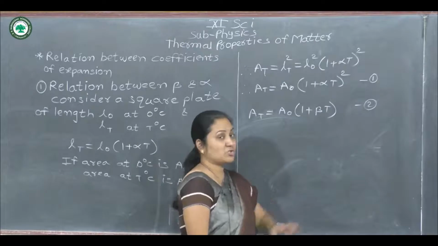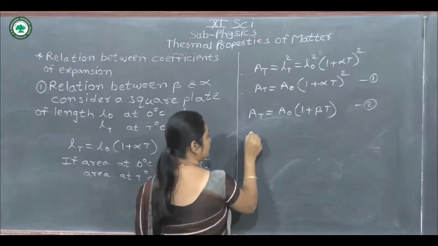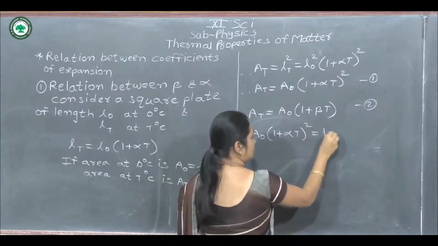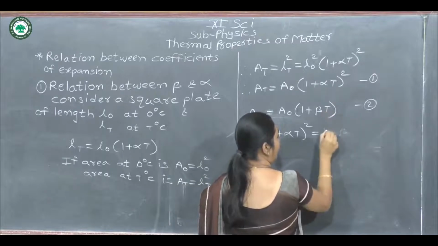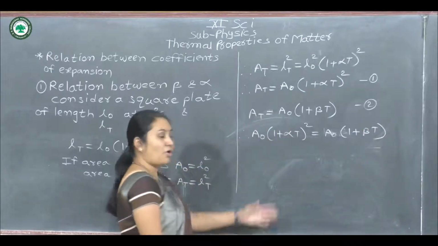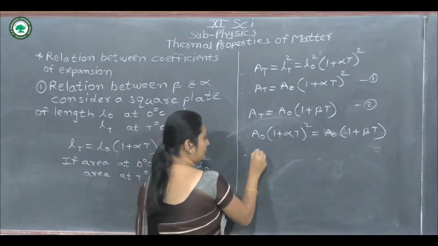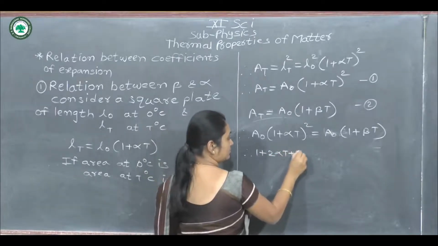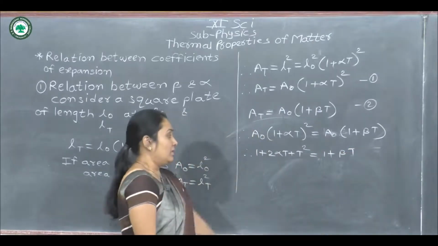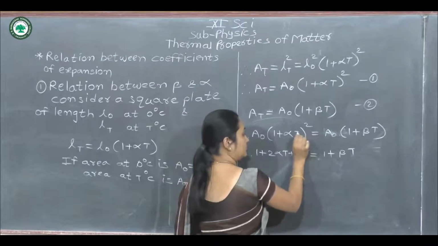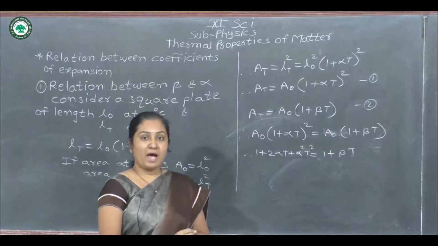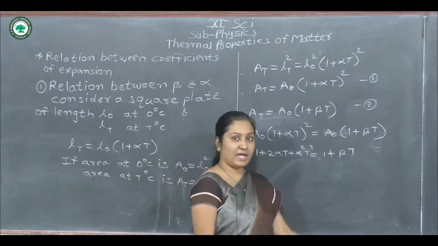Now by comparing these two equations and solving, we note that alpha and T are very small, so alpha square T square can be neglected.